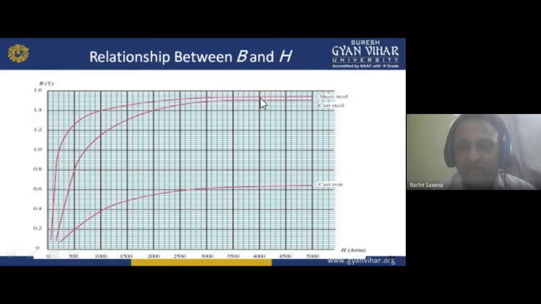From 4000 ampere turn per meter intensity, we get the equilibrium state, the same constant. If I move forward, then again it falls down. In cast steel it is the same value from 1.45, from 3500. Okay, understand? Hope you understand about cast steel and sheet steel, the BH relation, and the density and intensity relationship.